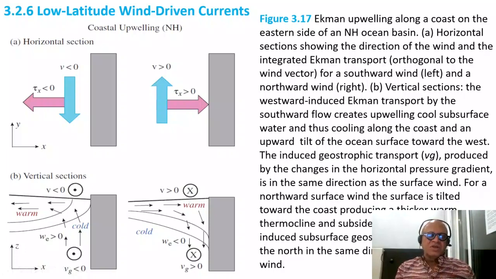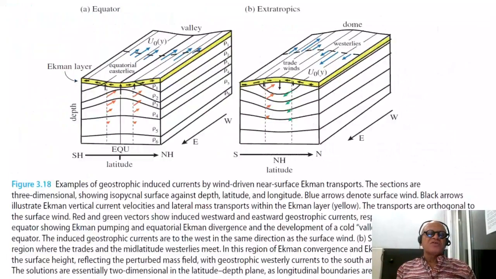Here it's coming towards us, and then below the surface geostrophic currents are also going away from us. So you can see that there are wind driven currents and geostrophic currents that are in the same direction. This is how low latitude wind driven currents create the circulation.